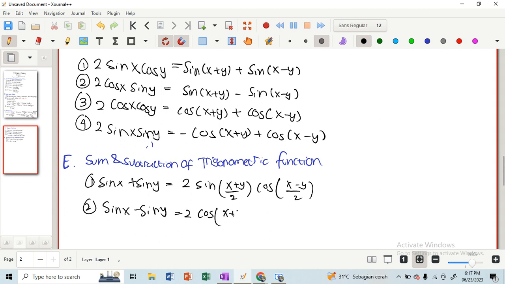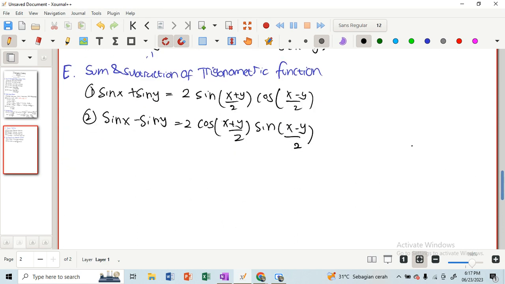So x plus y divided by 2 times sine of x minus y divided by 2. Now this is the sum and subtraction of sine.